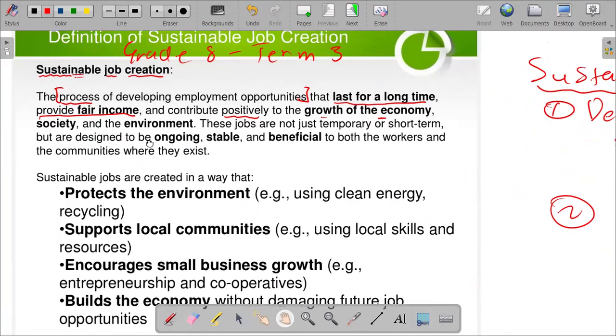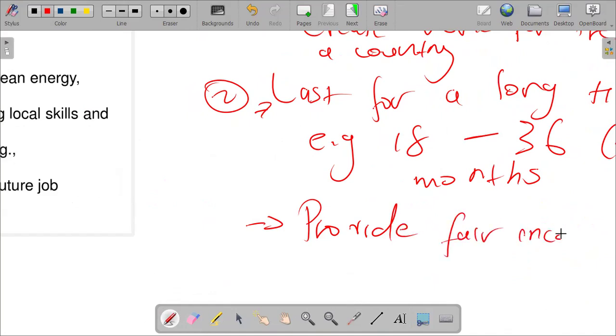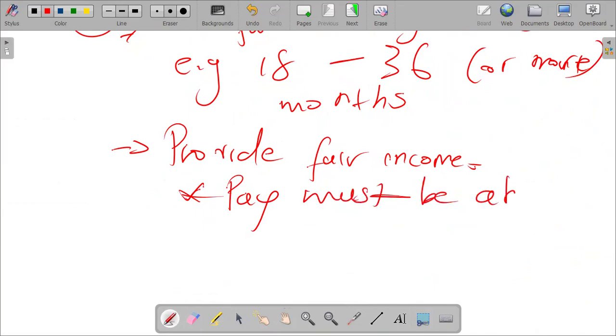And then number two, they must provide fair income, meaning the pay must be above the minimum wage.